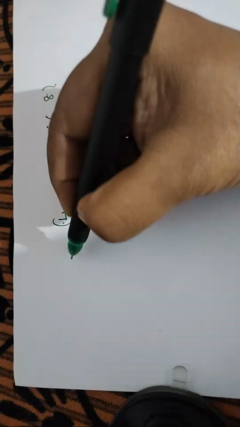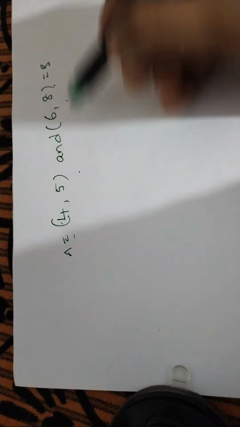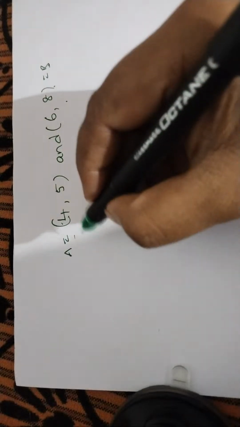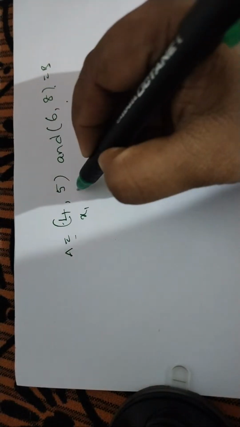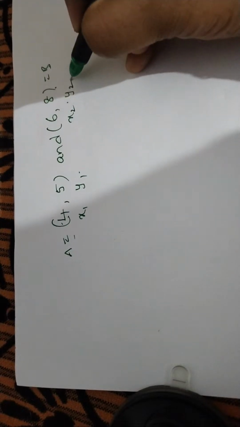Here I took 2 points, one is 4, 5 and the other 6, 8. Take this point as A and this point as B. I want to find the distance between these 2 points. Let us take x1, y1, x2, y2.